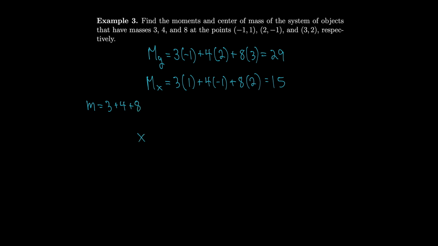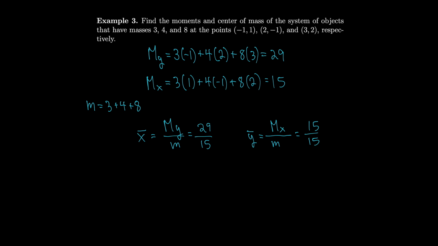So that we look at the x-coordinate of the center of mass, x bar. That's the moment about the y-axis divided by the total mass. So that's 29 divided by 15. Similarly, y bar is the moment about the x-axis, because it's how far we are from the x-axis in terms of y, so that's 15 divided by 15.